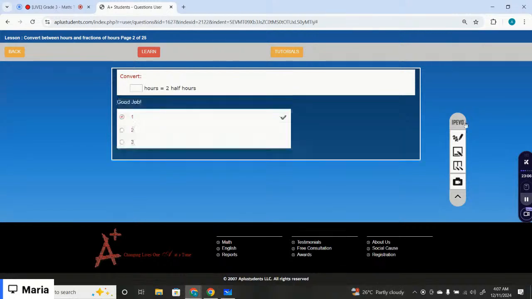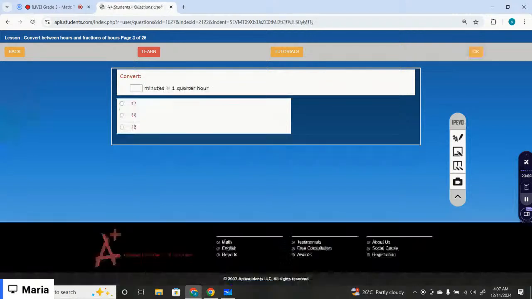The correct option is 1 hour. 1 quarter hour equals how many minutes? 1 quarter hour equals 15 minutes. The correct option is option number 3, 15 minutes it is.